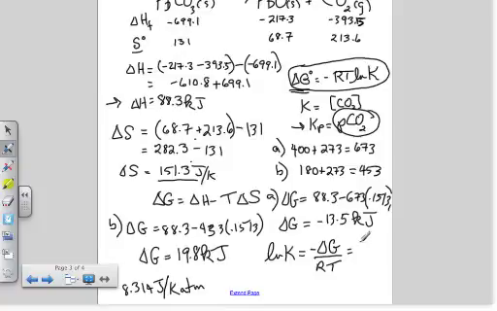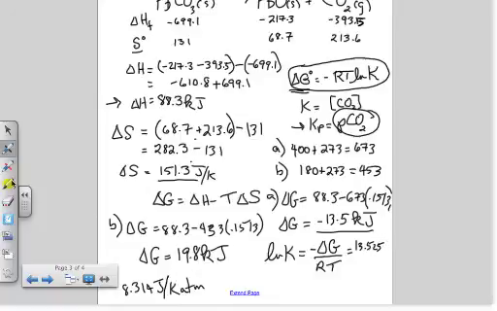So I'm going to have to change my kilojoules to joules, okay? So that number, before I rounded it off for significant figures, was 13.525.